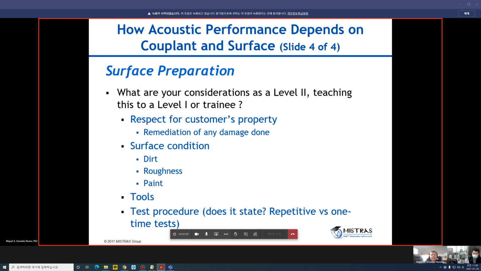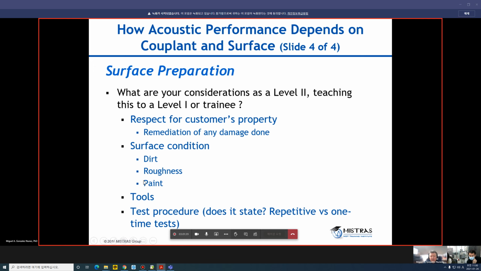So we have to have some surface preparation. What are the considerations? This is just for, don't take into account this. But we need to have a surface condition free of dirt, as smooth as possible, with very low roughness.